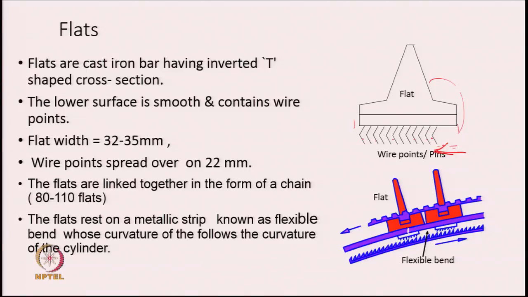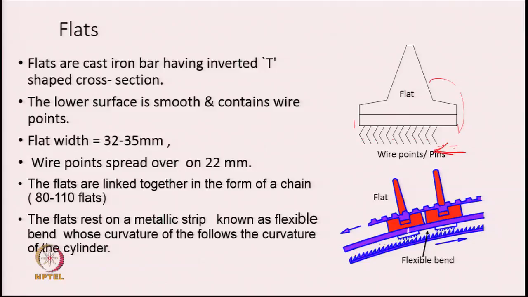There are a number of flats, the total number of flats is roughly from around 80 to 110, which also varies from manufacturer to manufacturer, but it could lie somewhere between 80 to 110. They are all linked together by a chain, and the flats rest on a metallic strip known as flexible band.